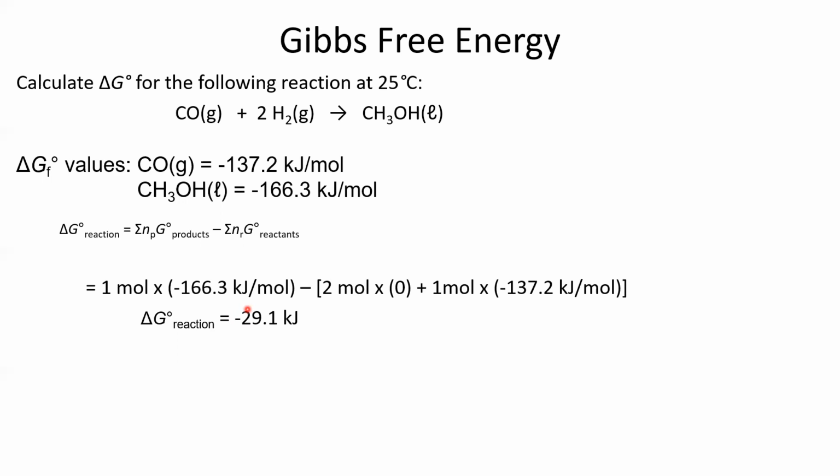And delta G tells us whether the reaction is spontaneous or non-spontaneous. And I agree that the system is becoming less disordered because we're going from gases to a liquid. That's not what delta G tells us, though. Delta G is going to tell us the spontaneity. So this reaction is going to take place without outside forces acting on it.